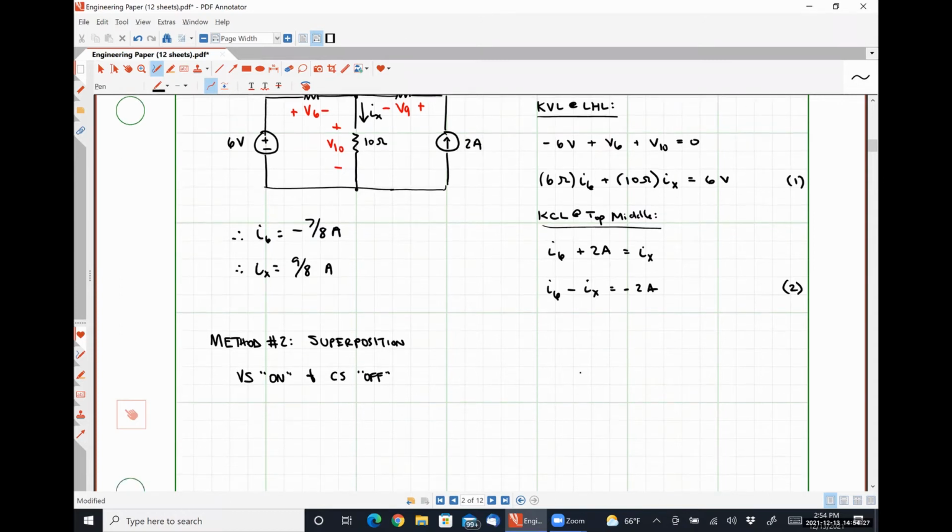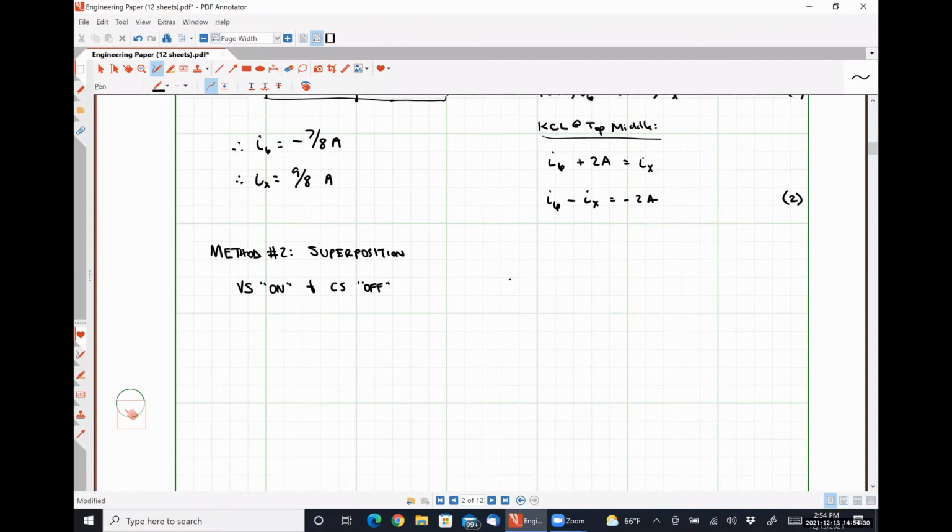So I'm just going to redraw my circuit and leave my voltage source on. This is everything but the current source, right?